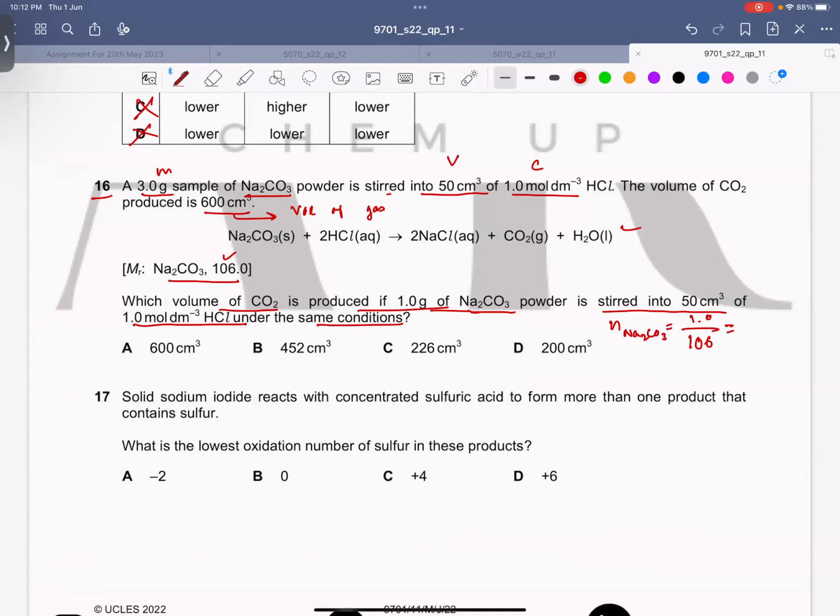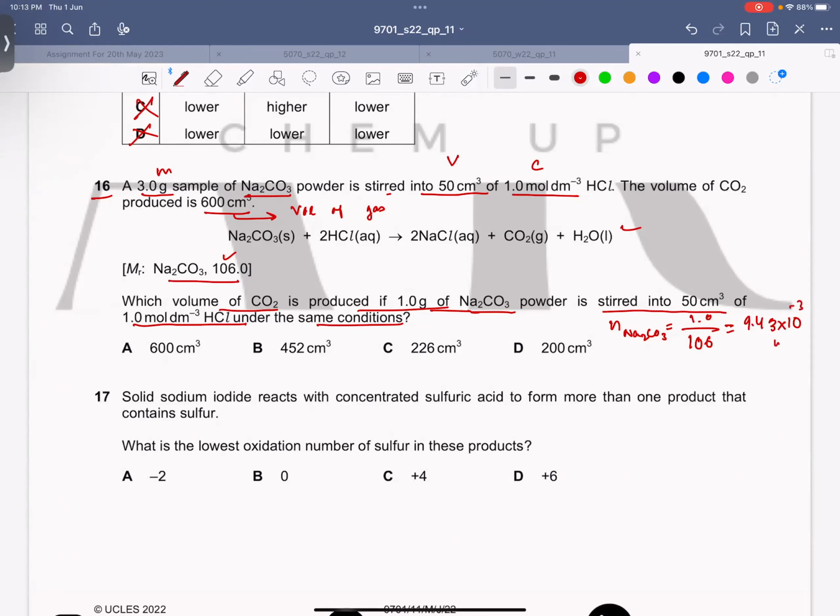What answer are we getting? Okay, it's 9.43 × 10^-3. So the moles we are getting here is 9.43 × 10^-3 moles.